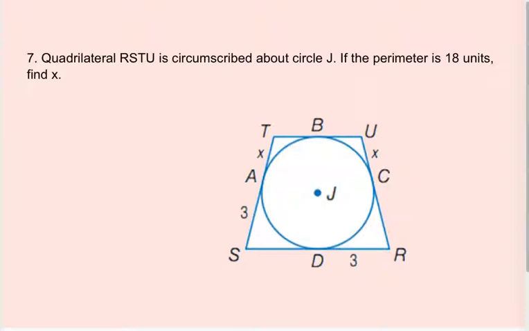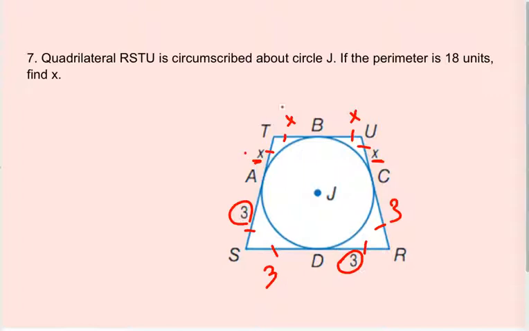So quadrilateral RSTU is circumscribed about circle J. If the perimeter is 18 units, find x. Okay, so that means every single one of these is tangent to the circle. So if they're both tangent to the circle, that means these two are congruent, these two are congruent, these two are congruent, these two are congruent. So 3, 3, 3, 3, x, x, x, x.